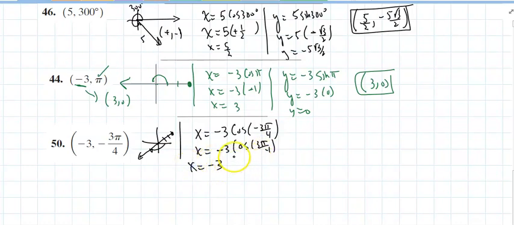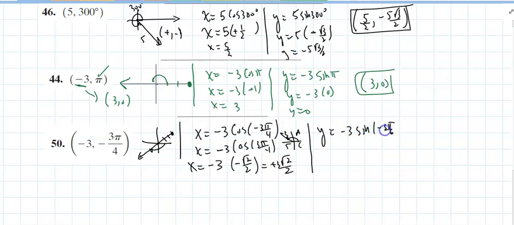And let's see how this works. We know the value is radical 2 over 2, but where is 3 pi over 4? 3 pi over 4 is in the second quadrant, and this is negative, and negative times a negative would be a positive. And y would equal r times the sine of negative 3 pi over 4.